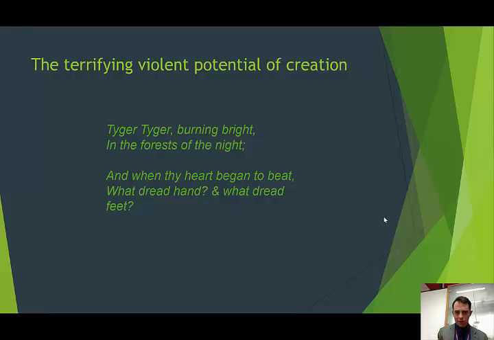So within creation, we have things like natural disasters, tsunamis, bushfires, these horrible, destructive events that destroy other parts of nature and destroy human life as well. So this creator created this tiger to hurt, but he also created these other natural disasters.